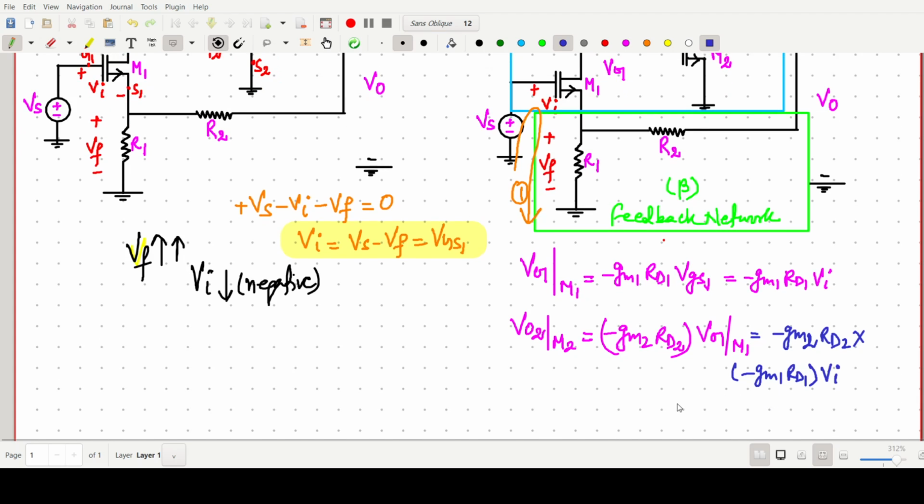In simple cascade, it should be gm1 gm2 rd1 rd2 Vi.